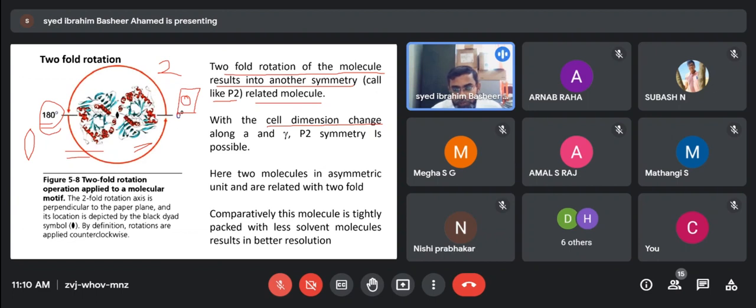If I want two molecules of this size, I cannot accommodate them in just one unit cell. I have to enlarge it in one more direction. So the cell dimension will be changing, and with the change in cell dimension I can accommodate two molecules in a unit cell.